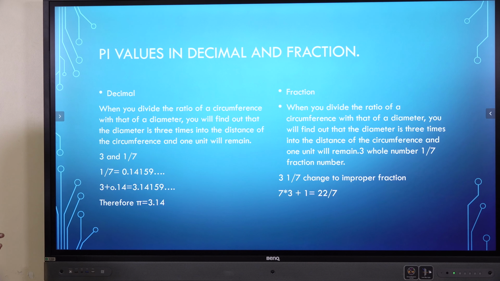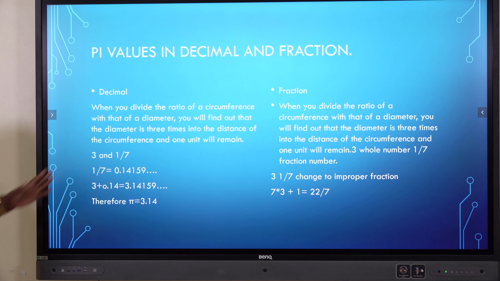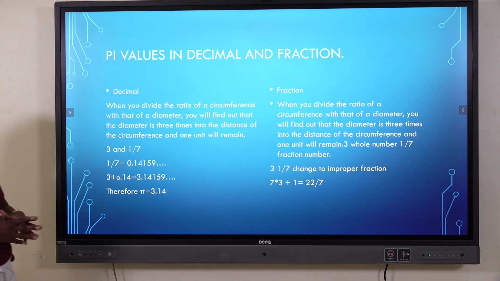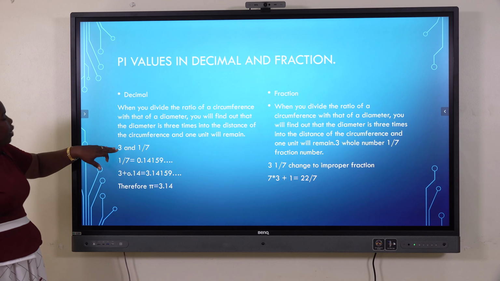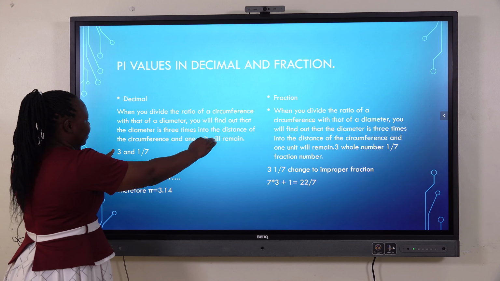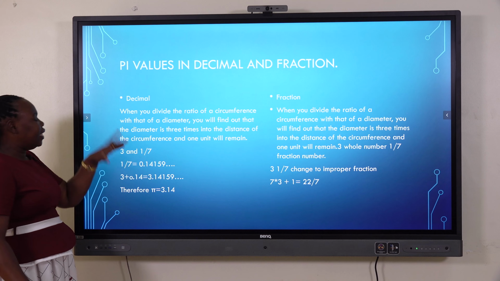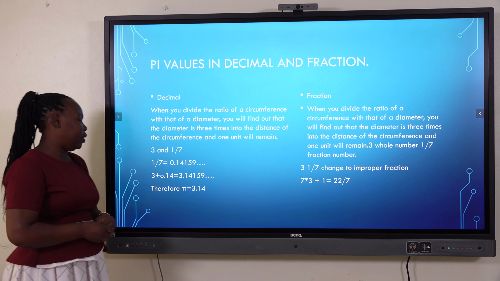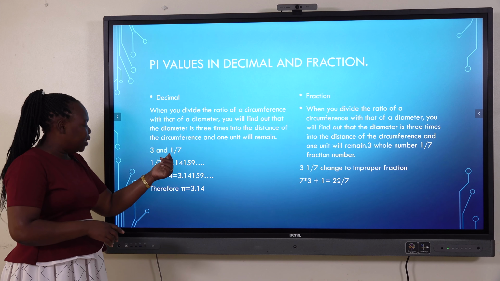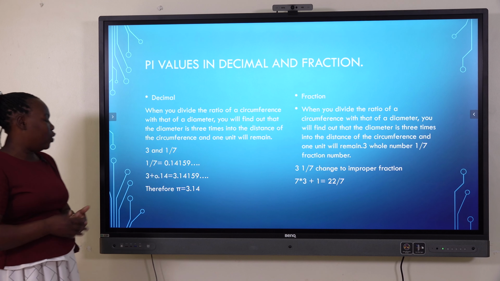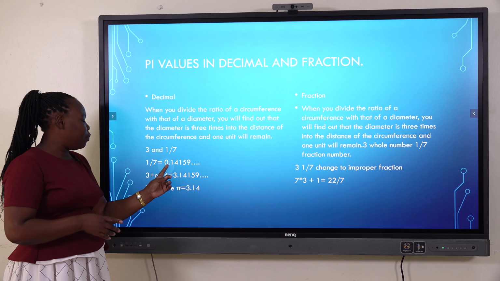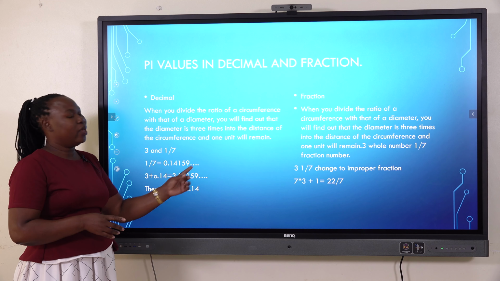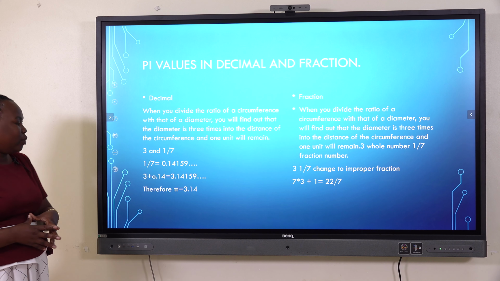Now let's look at the way it has come. The value of pi I've been talking about in the previous diagram means that when you divide, you will get 3, and then the unit which is remaining is 1/7. When you turn this into a decimal number, you will have 0.1415 and recurring decimals.